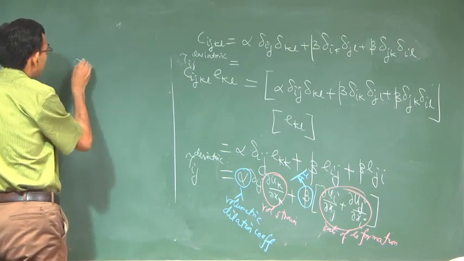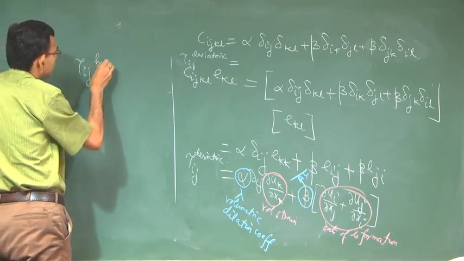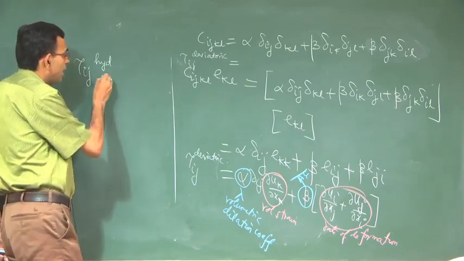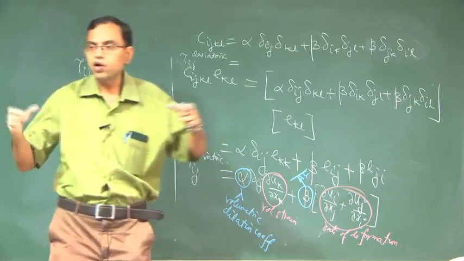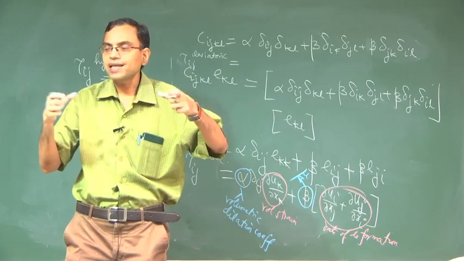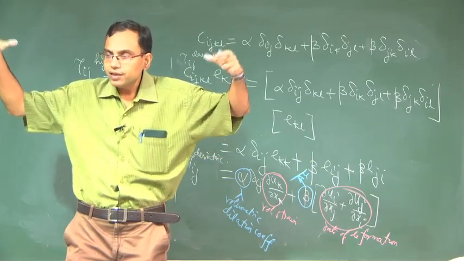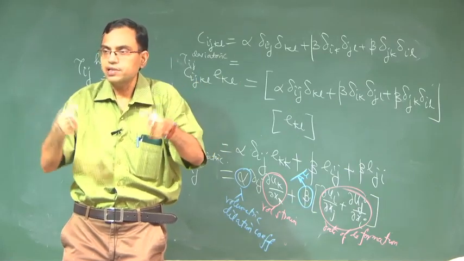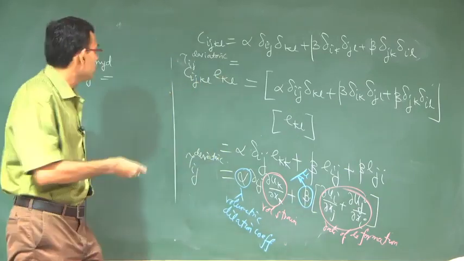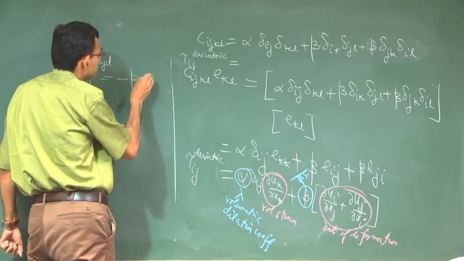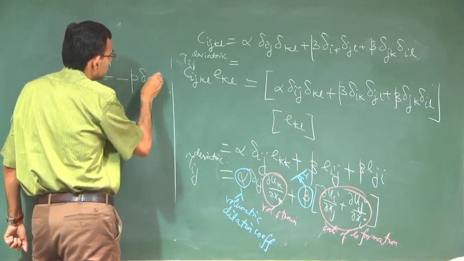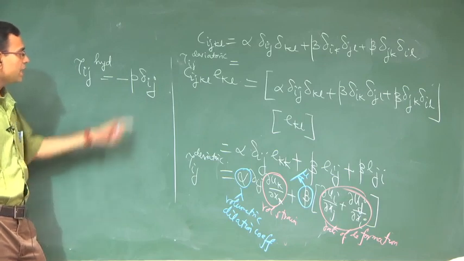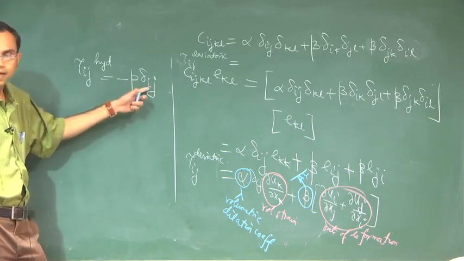Now, tau ij hydrostatic, this is simple, but let us just complete it. Hydrostatic stress is only a normal stress, but it is acting radially inwards due to pressure. Pressure is always compressive in nature, pressure cannot be tensile in nature. To appreciate that, we write it as minus P delta ij. Why minus P delta ij?